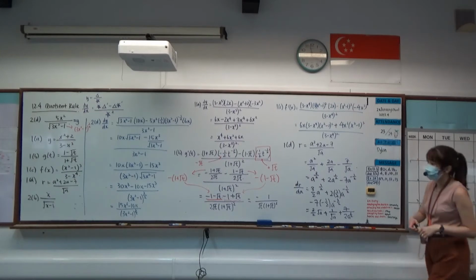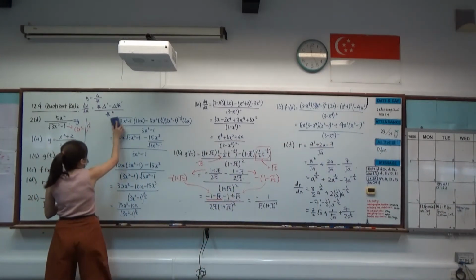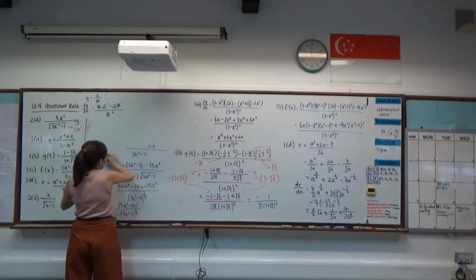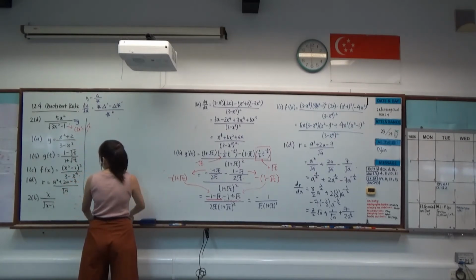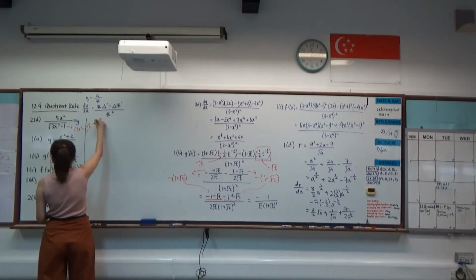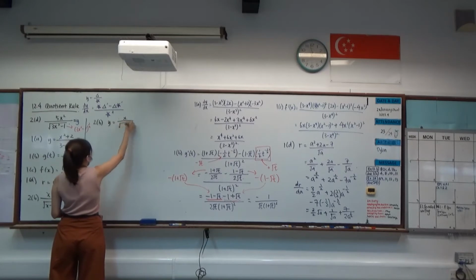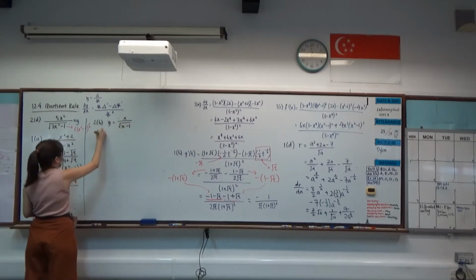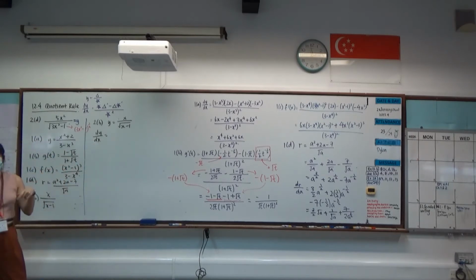Right? So now let's look at 2B. Okay, so for 2B we have no choice but to apply our quotient rule.